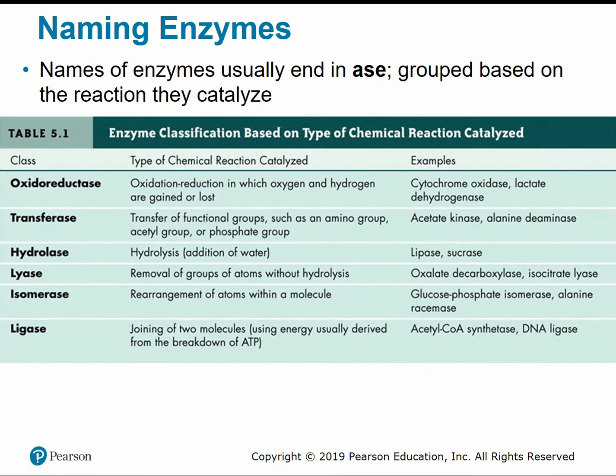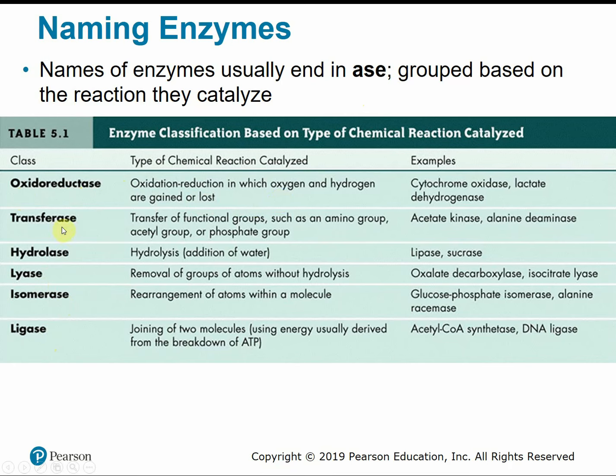Names of enzymes usually end in A-S-E. So if you ever see ASE at the end of a word, right, that's a hint that we're talking about an enzyme. And they're usually named and grouped based on the type of reaction they catalyze. So an oxidoreductase enzyme is going to be involved in oxidation-reduction reactions.